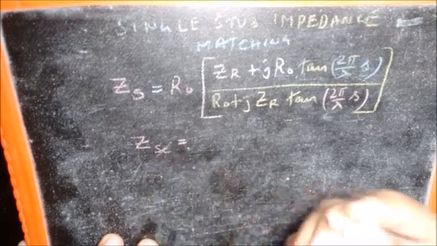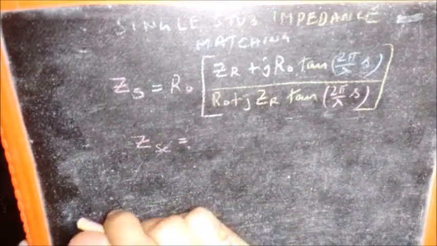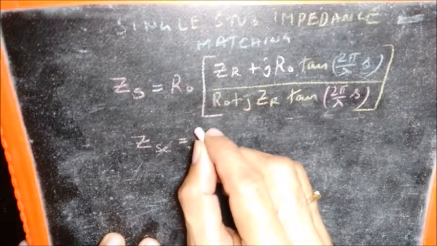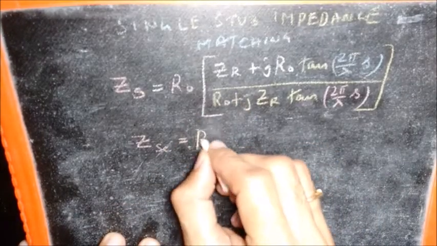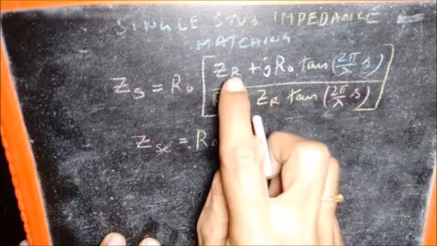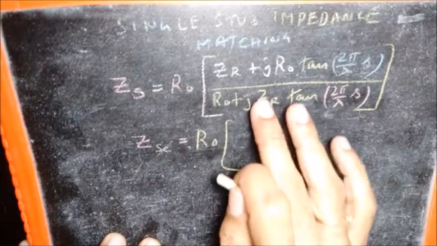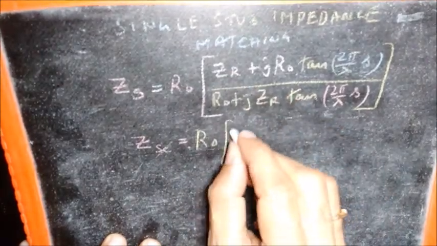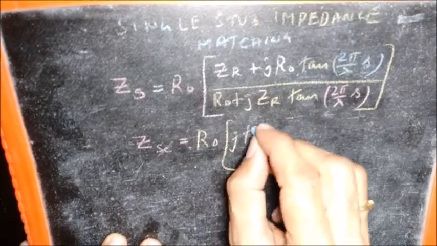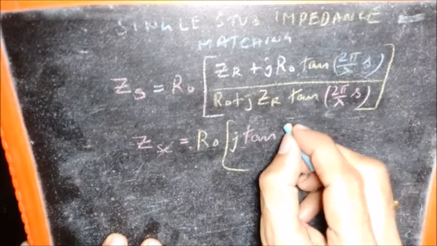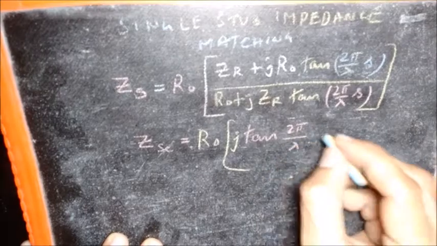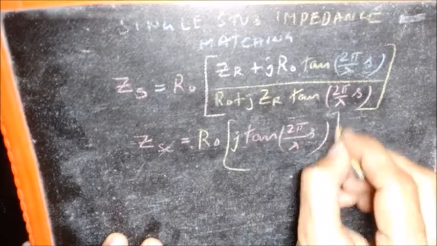ZR is 0 means we get the result as R naught, and we see that we end up getting j tan 2 pi by lambda S.